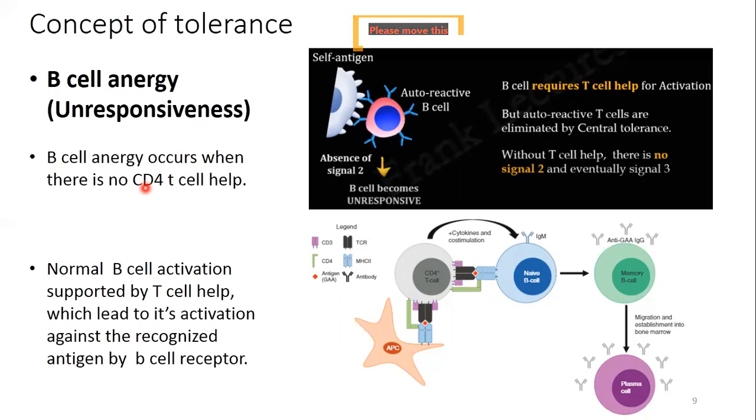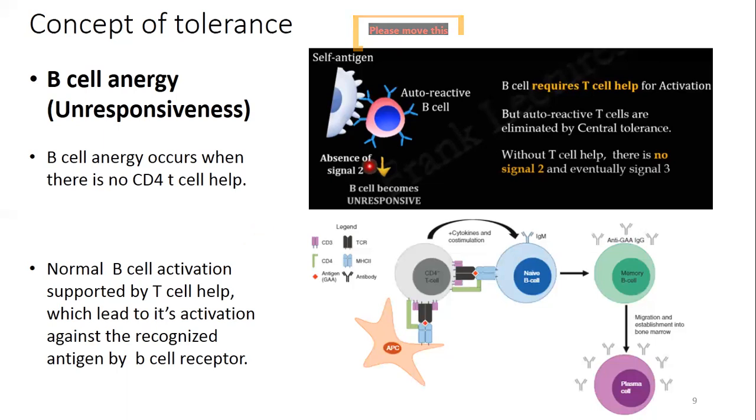A B cell can recognize an antigen for itself, but it cannot be activated unless there is CD4 T cell help. So there should be a specific T cell for the same antigen that has been recognized by the B cell. There are some T-independent antigens, but they are very low in number, or in human cases. So generally, it needs T cell help.